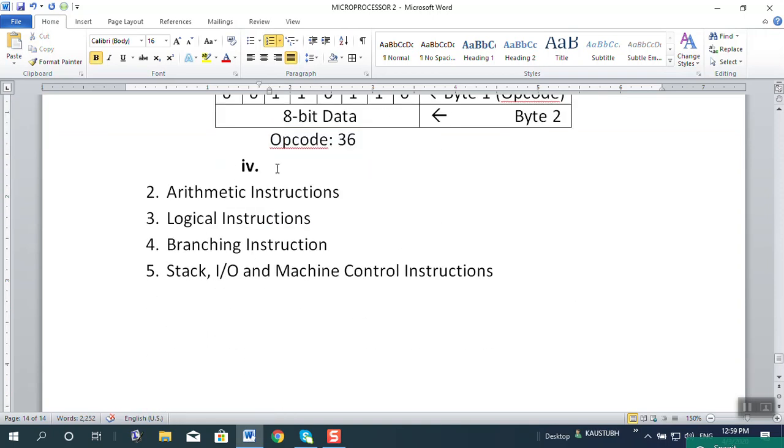Now the fourth and fifth, these two are the instructions. So in the fourth category, it is for a 16-bit. The instruction is LDAX RP.